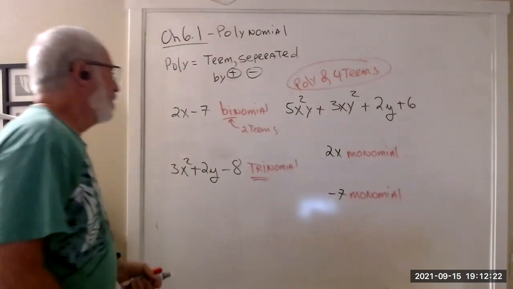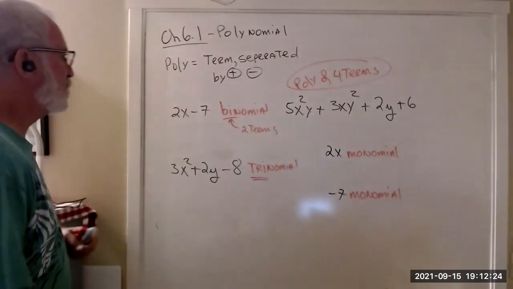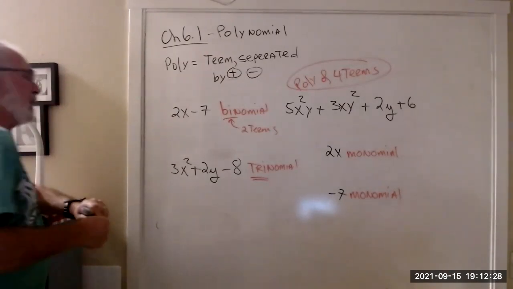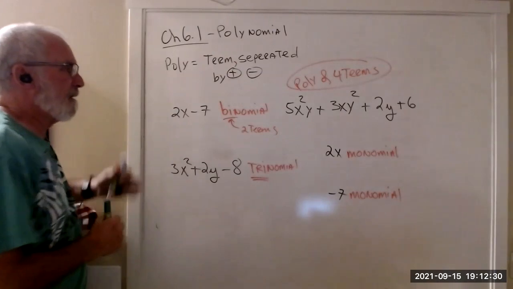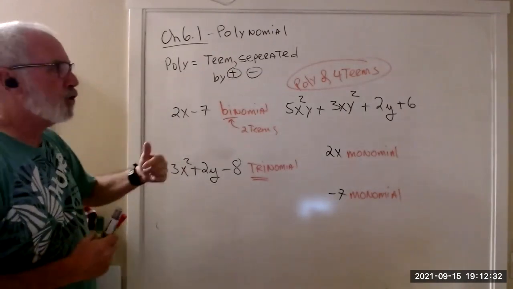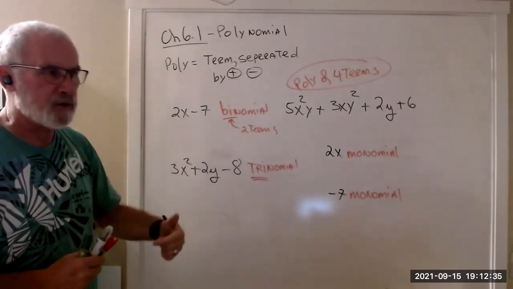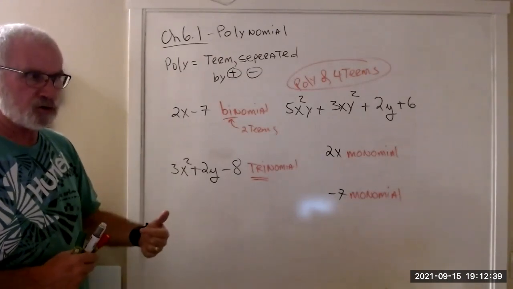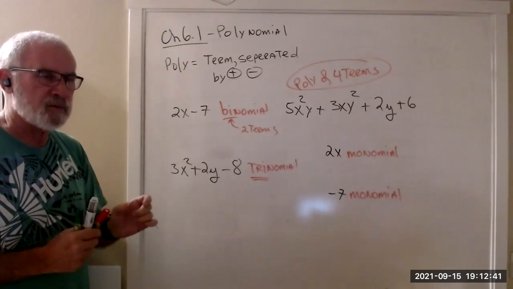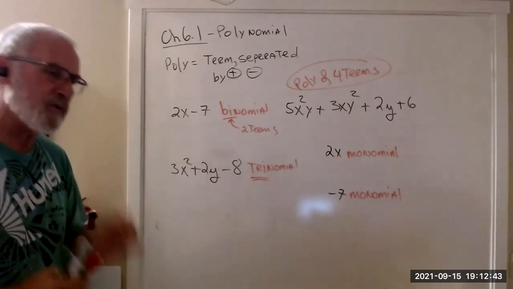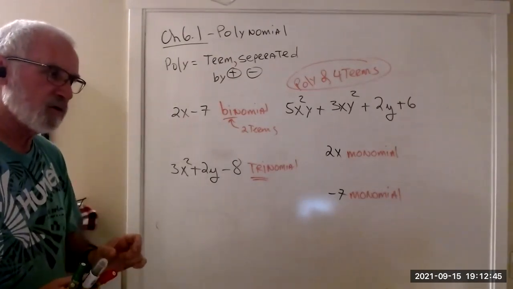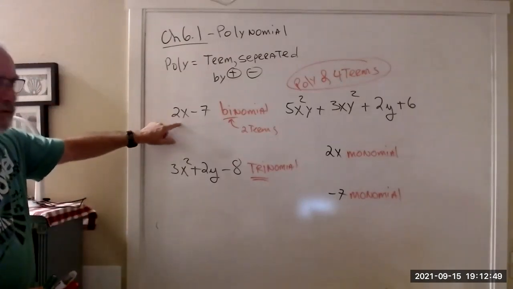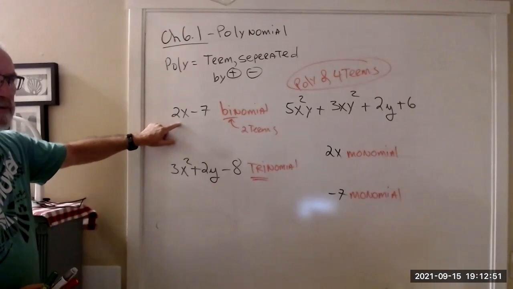Now, some things you need to know. First off, the term without a variable is called the constant. Think about what the word constant means. Think about what a variable means. A variable can change. Hey, what if x is 5?